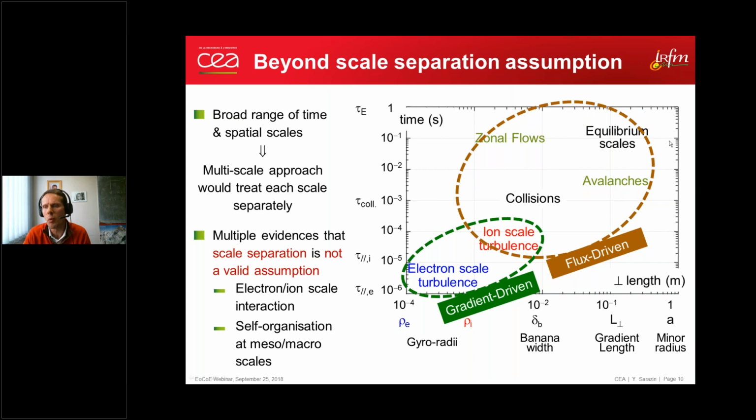And in this picture, we will see that there are several mesoscale structures that develop, avalanches and zonal flow. I will come back to this later on.